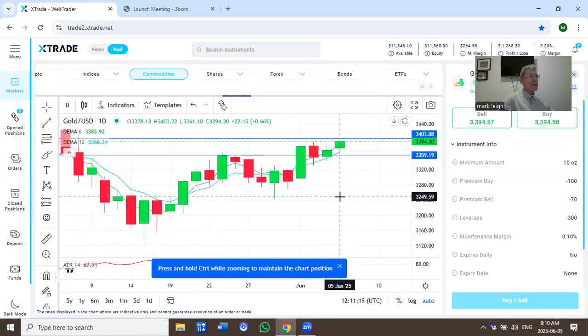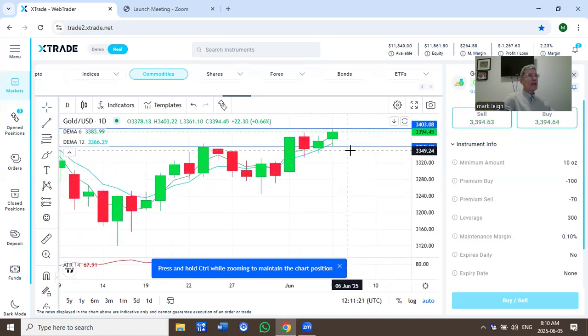Continuing yesterday's strong run, and you can see resistance already set at 3,403. That's the level buyers will be wanting to test and break above. If we get a turnaround and a sell-off from this area, the support 3,358 could well be the inverse relationship we see between US dollar and gold.